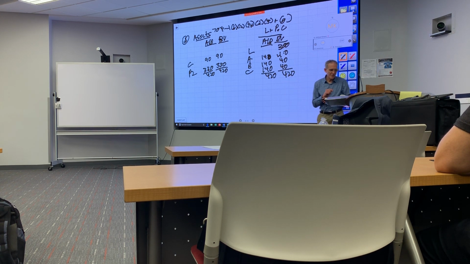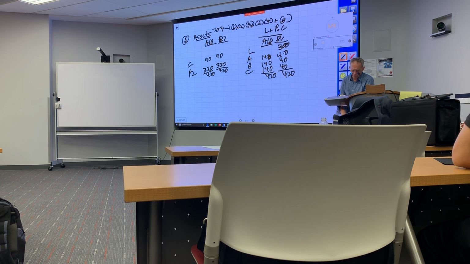All right, so if the partners are equal partners, what is each partner's outside tax basis? Well, anyone want to say what is the partner's outside tax basis?